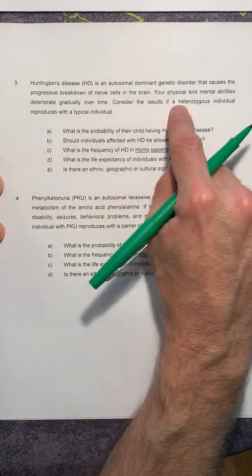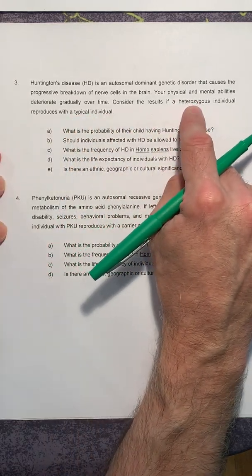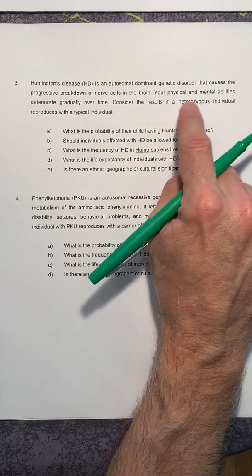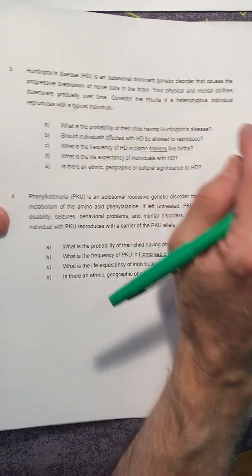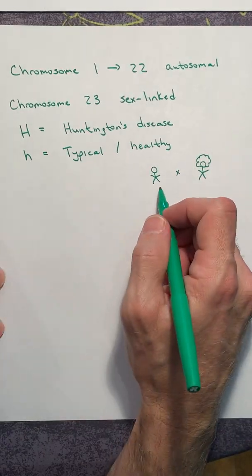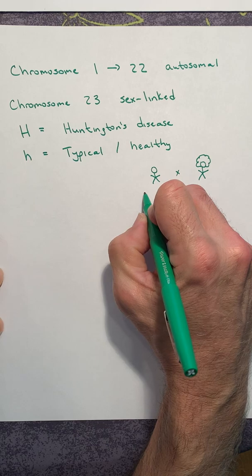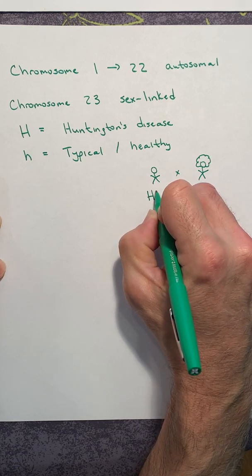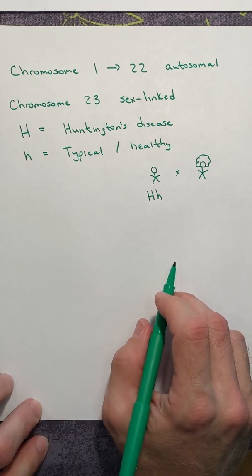Hetero, different, zygous, pair. So this is a different pair. Let's make the heterozygote the male. If he's heterozygous, he's big H, little h.